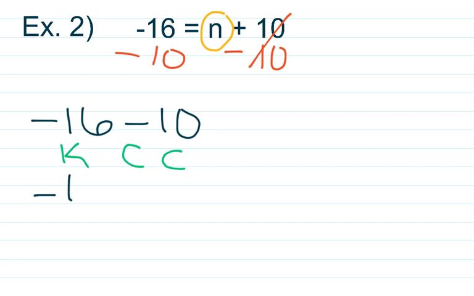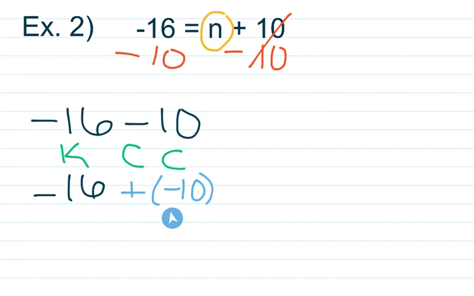We keep the first value of negative 16. We change to an addition sign, and a positive 10 becomes a negative 10. Now, I think we can understand this question a little bit more clearly. Negative 16 plus negative 10. It says the same thing as our original question, only we changed it into an addition problem.